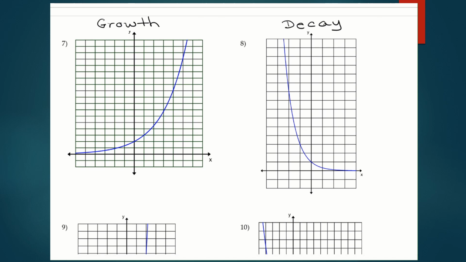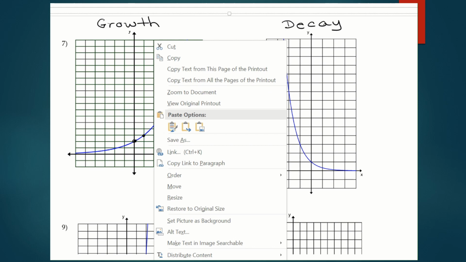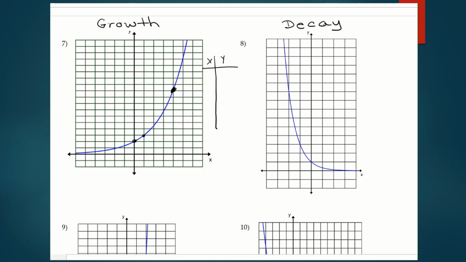Let's write these exponential equations here. Looking at number 7, I'm going to create a table of some nice values that I can clearly see. This one doesn't really have as many as we saw previously. This guy looks like it could be at a half.